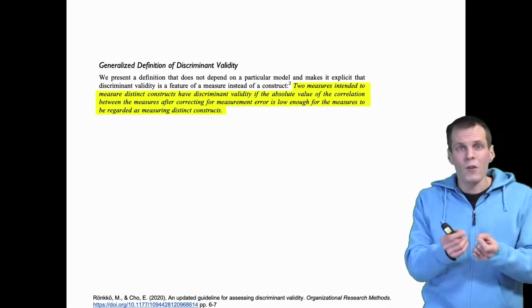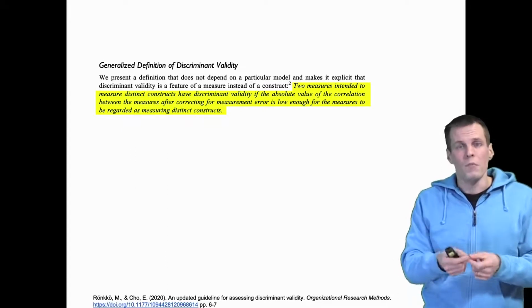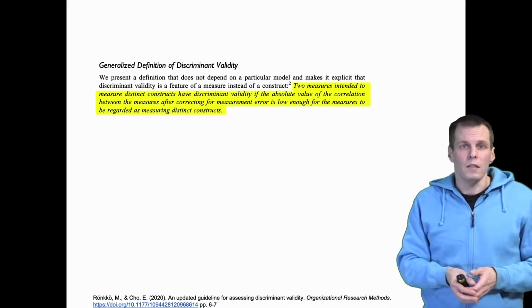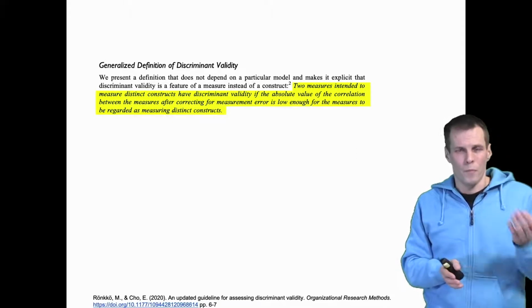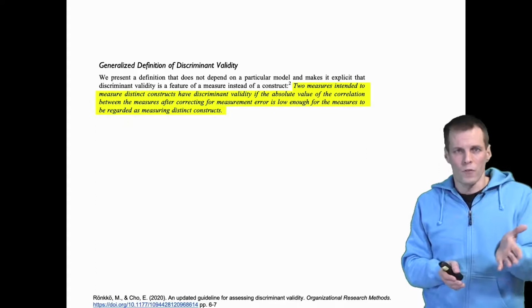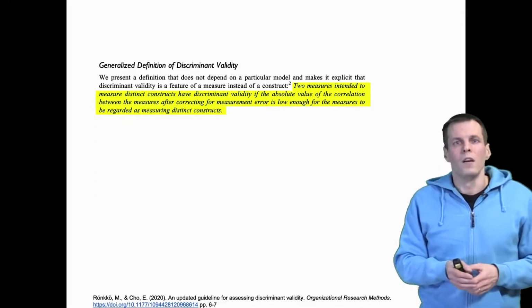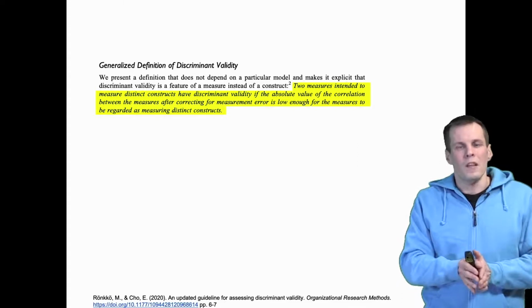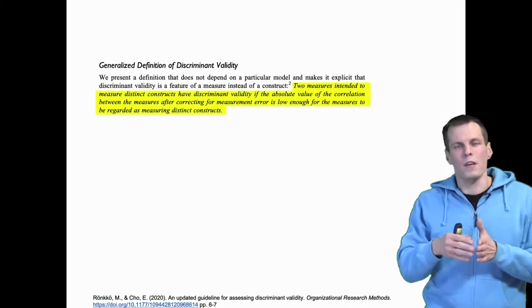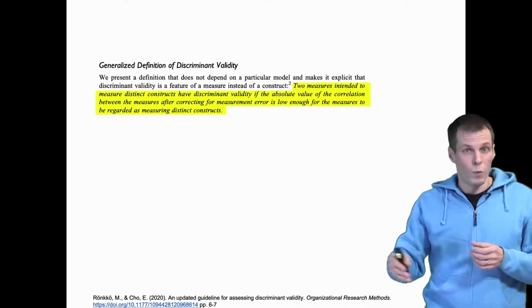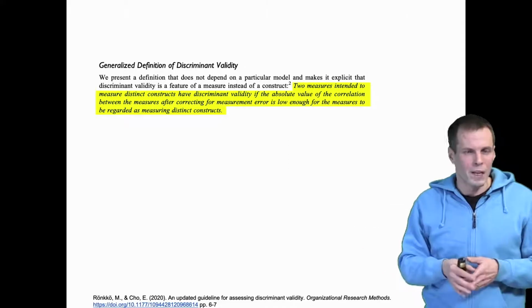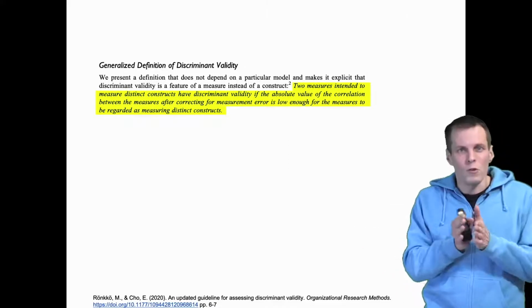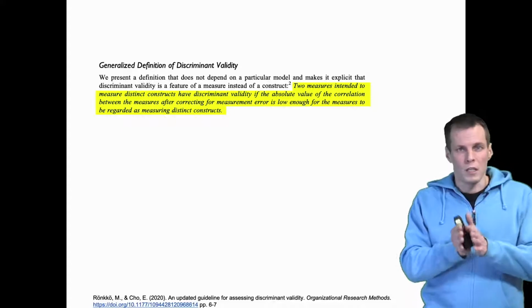So you will never get a perfect correlation because of unreliability. A correlation in the 0.6, 0.7, 0.5 ballpark can be problematic because if there was no measurement error, the correlation would be extremely high, and then it would be difficult to argue that those two items measure two distinct constructs.